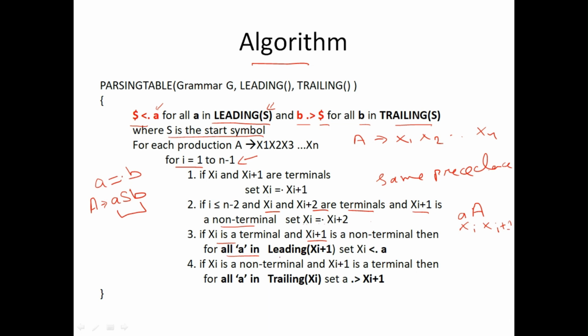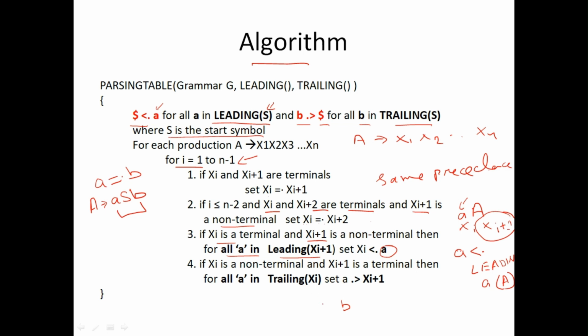For all A in leading of xi plus 1, leading of A, set xi is less than A. Suppose here A is xi, so xi is less than all leading of A.